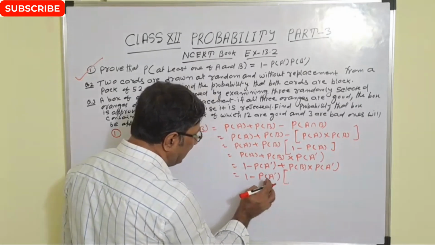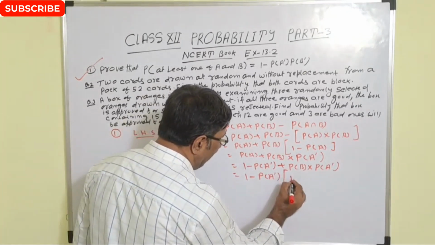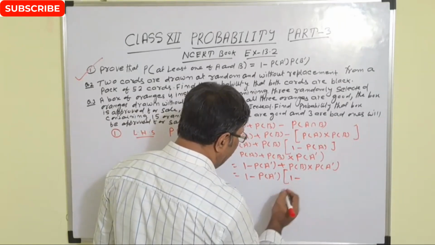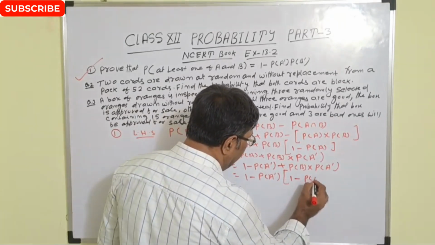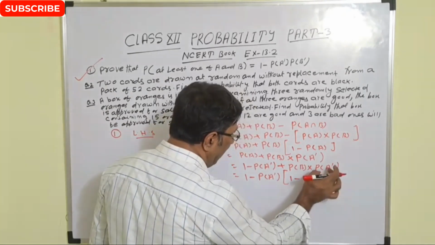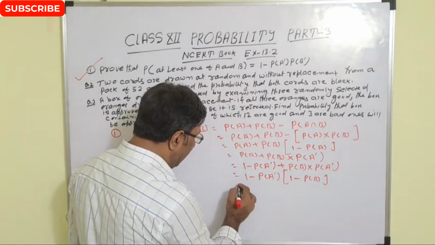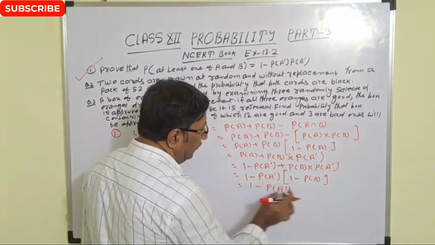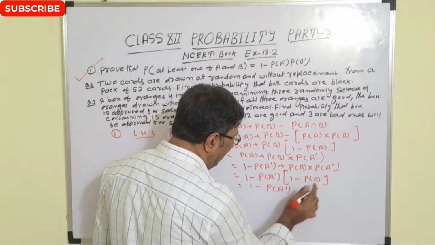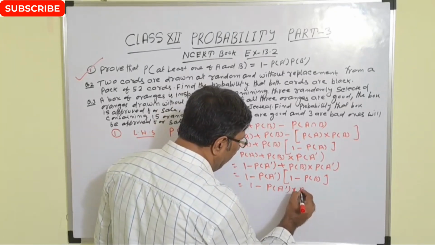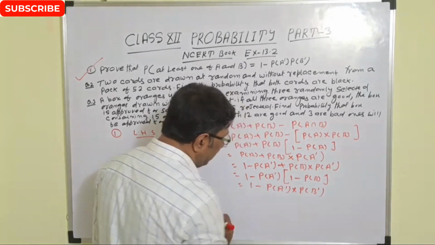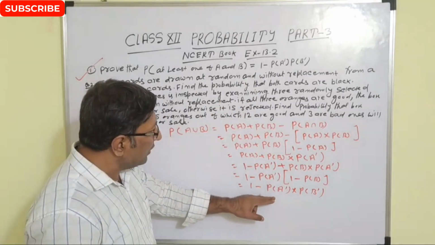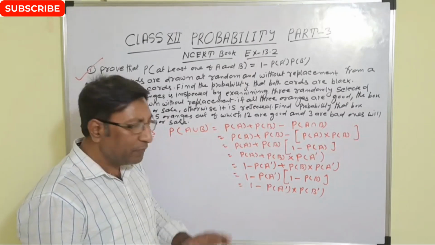So here minus P of A naught, so we get here 1, but here plus, so minus plus we will take minus. So what we get? Probability of A naught has been taken common. Now this is 1 minus probability of B, which is also what? Probability of B naught. So this is the result: 1 minus probability of A naught into probability of B naught.